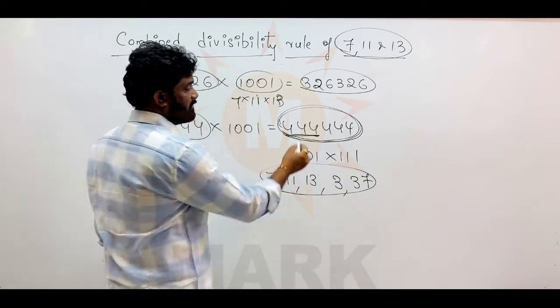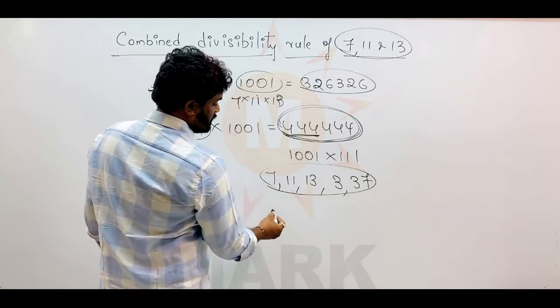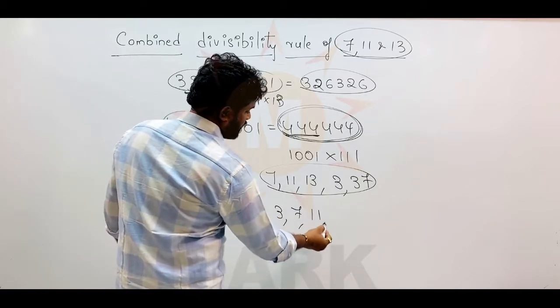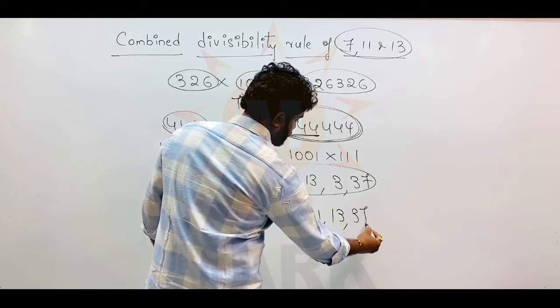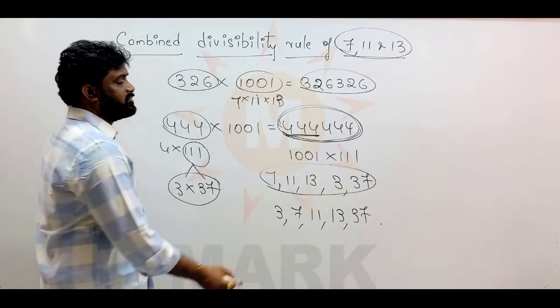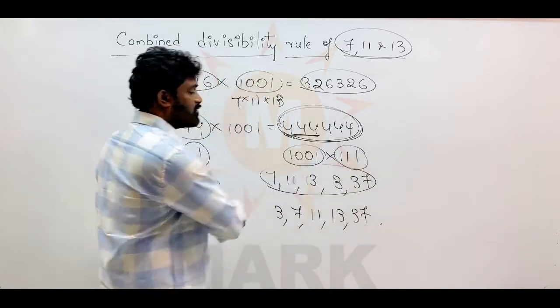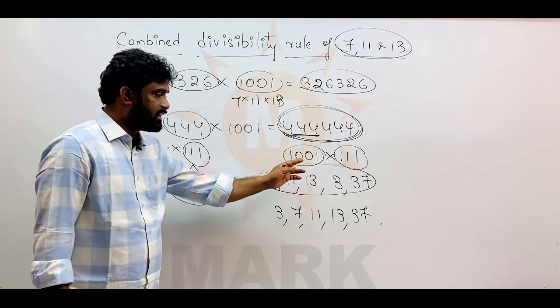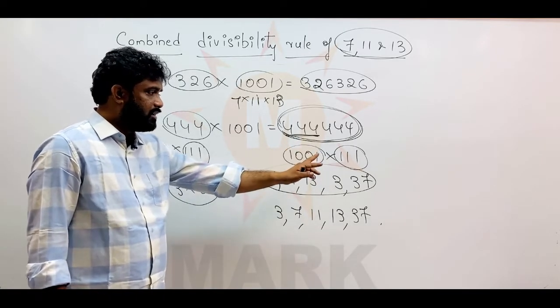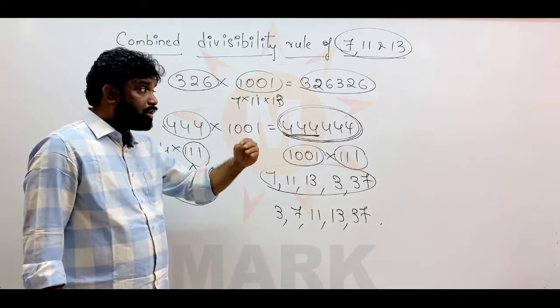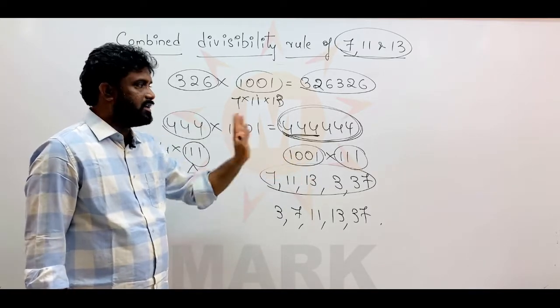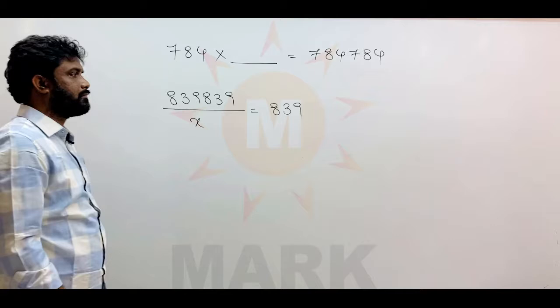This list is compulsory if the number is like this. Why? Because they are divisible by 111 and 1001. So this all lies in the technique of 1001 and 111. How the questions will be given in the exams, that we will be discussing now.